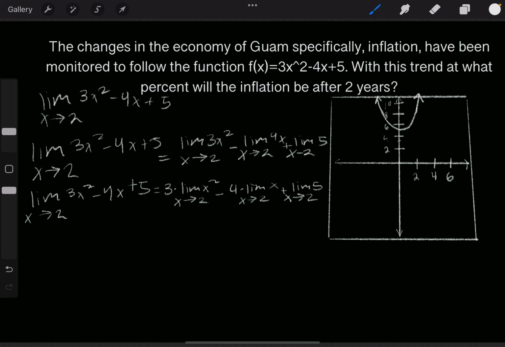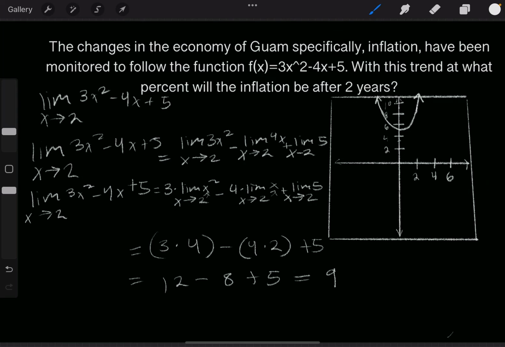Now we can substitute 2 for the x's. So this will now be equal to 3 times 4 minus 4 times 2 plus 5, which would be equal to 12 minus 8 plus 5, which is equal to 9.